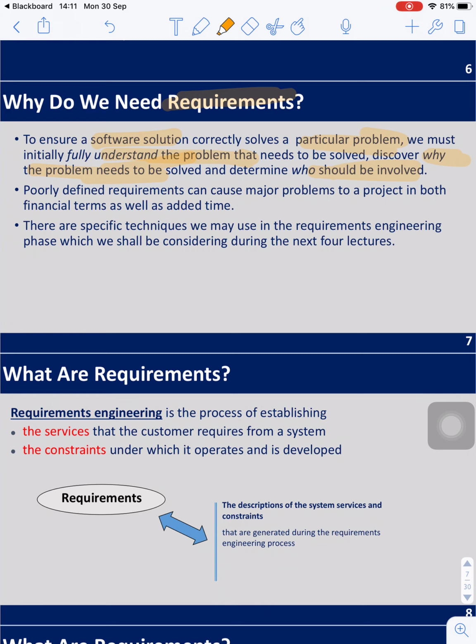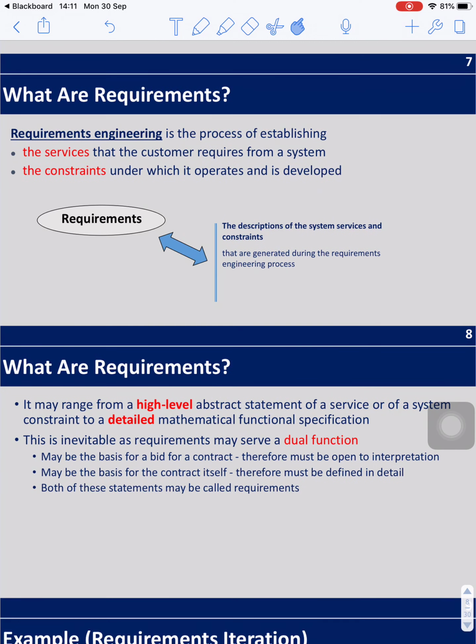There are specific techniques we may use in requirements engineering. Additionally, we are going to talk about what requirements are. This is very important. It is the process of establishing the services that the customer requires from a system, and the constraints under which it is developed.